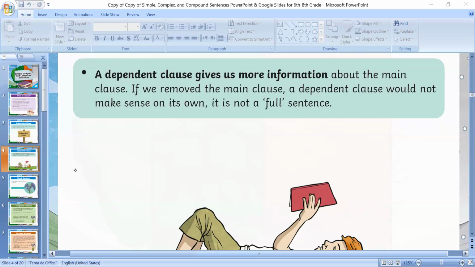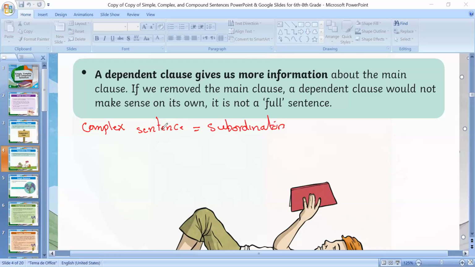The final rule is the complex sentence. In the compound sentence, we used the coordinators. So logically, in the complex sentence, we will use what? The subordinators.